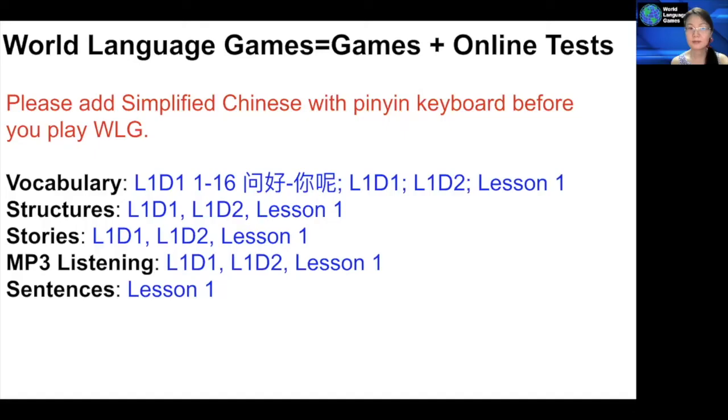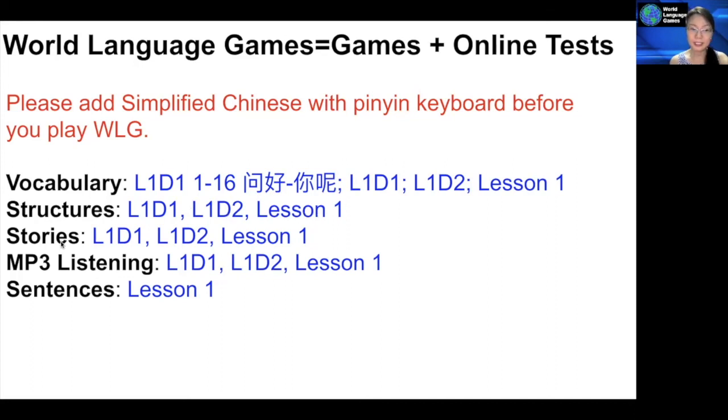This slide shows you clearly, if you want to play vocabulary games, you can either select ones with Chinese characters, which are smaller chunks, or you can select different dialogues, or you can select the entire lesson. And to play structure games, you can select dialogues or just the complete lesson.